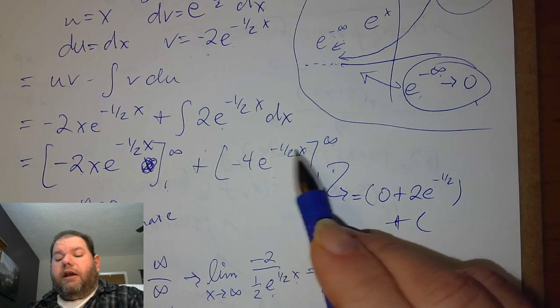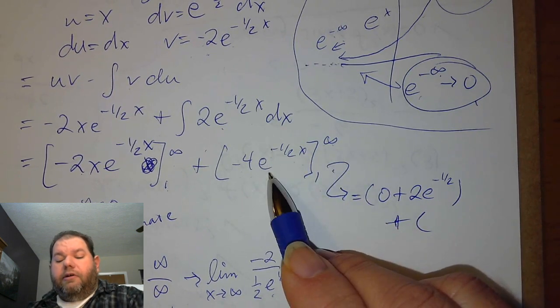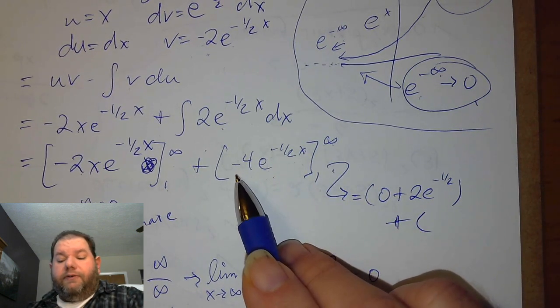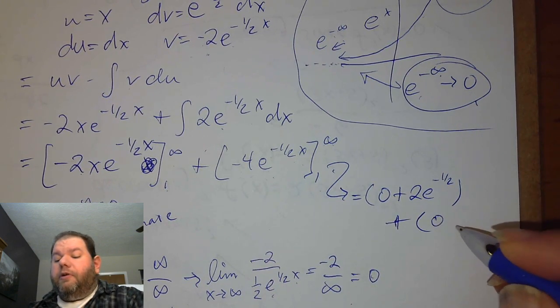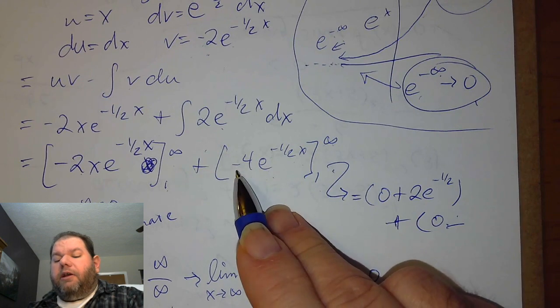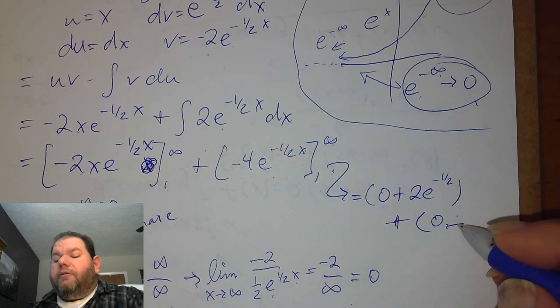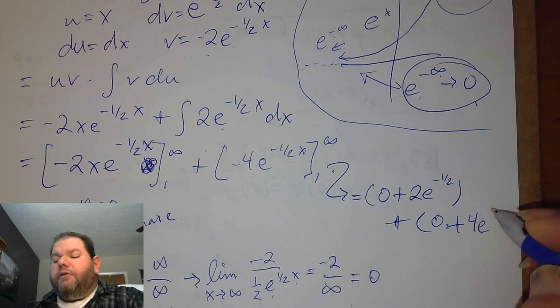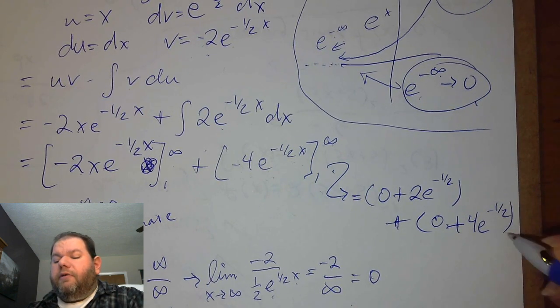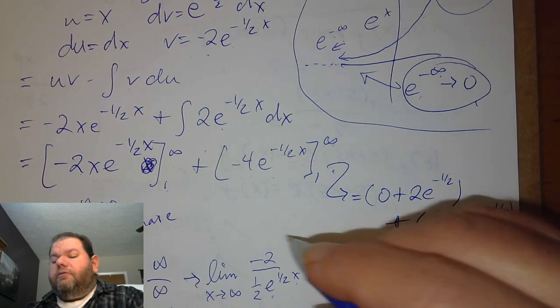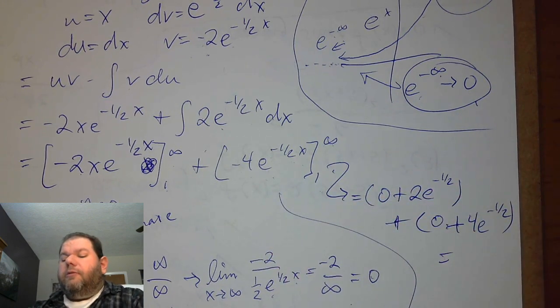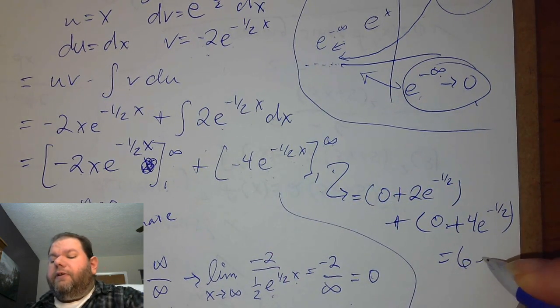Now e to the negative infinity is 0 times negative 4, which is still 0. And this will be minus, and then we have a minus 4 e to the negative 1/2 times 1. That makes it plus 4 e to the negative 1/2. So it equals 6 e to the negative 1/2.